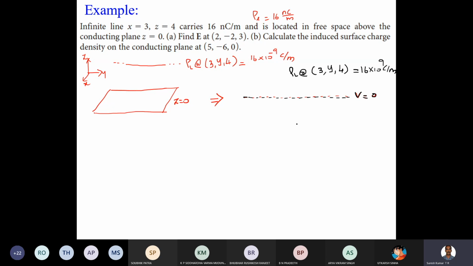So what should be the value? It should be minus rho L, and the location, at least you say the location where it should be kept. See, this is z equal to 0. Guys, understand this is z equal to 0.